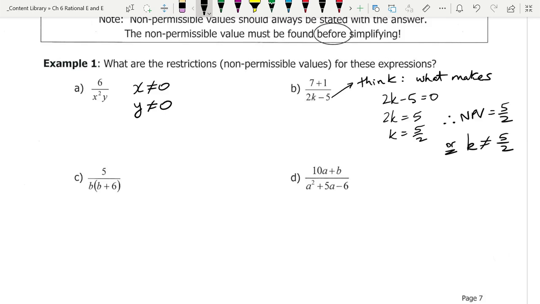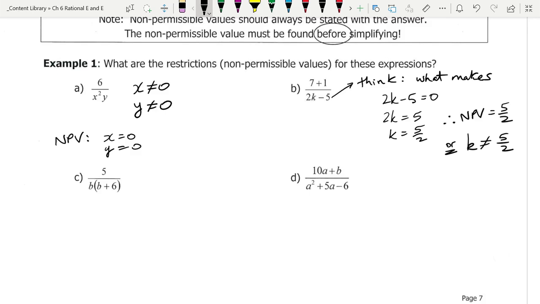Or, better yet, the non-permissible values are that x would be 0 and y would be 0. So if you're going to say that they equal the things that make you divide by 0, make sure you put the NPV in your statement so that I know that you understand that those are the forbidden numbers. Those are the numbers that you can't have for your variable.